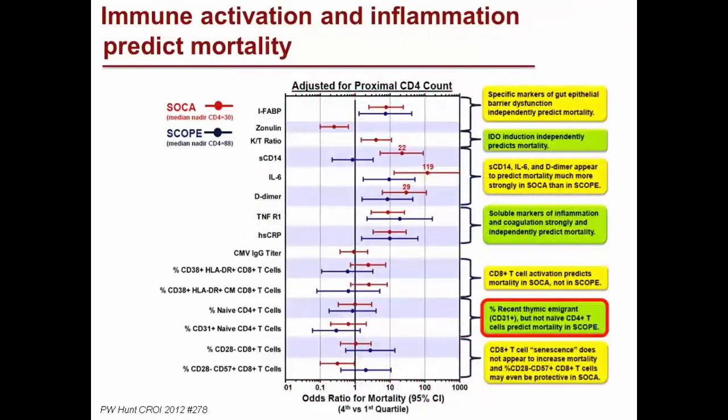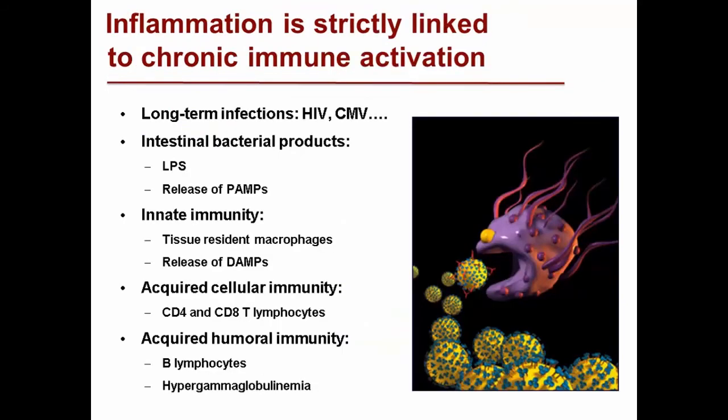So what can be done is to understand how activation and inflammation are linked to the infection, and we know very well that activation and inflammation are linked to mortality and morbidity. Many trials showed that markers on cells, as well as molecules linked to immune activation and inflammation, are very strong predictors of morbidity and mortality.